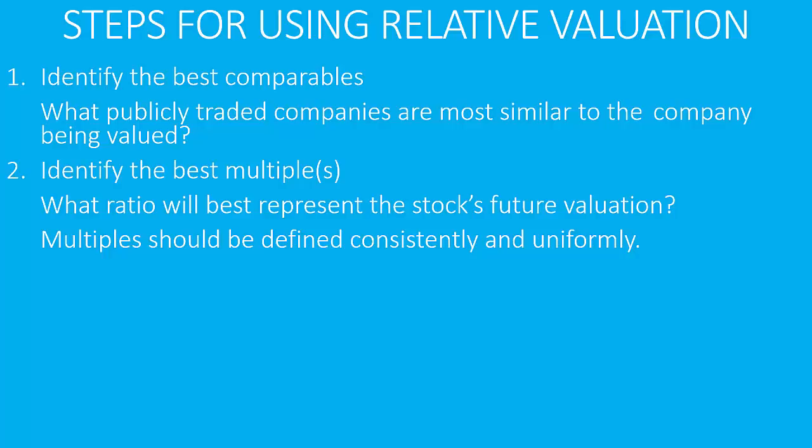That becomes a very tough multiple to use, because then you're talking about comparing the revenue per share to the price per share. Those things are not consistently defined. And what I mean by that is you're taking something in the numerator that is different than something that's in the denominator.